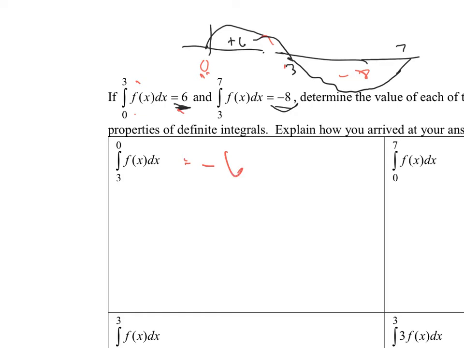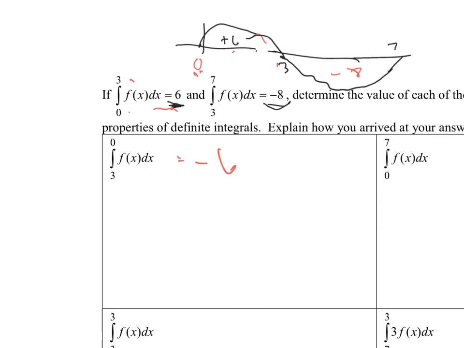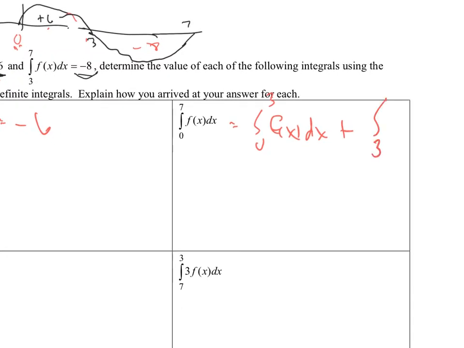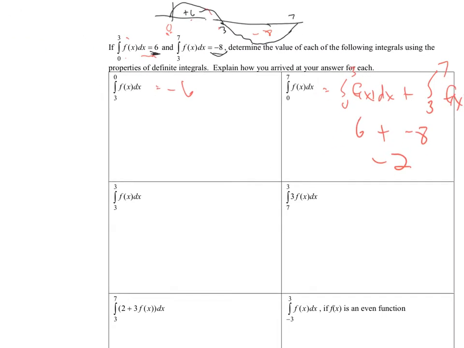If I know 0 to 7, one component that I broke up was 6 and one's a negative 8, then technically this is the same thing as 0 to 3 of f of x dx plus 3 to 7 of f of x dx. That gave me the 6 plus a negative 8. Resulting net area is a negative 2.